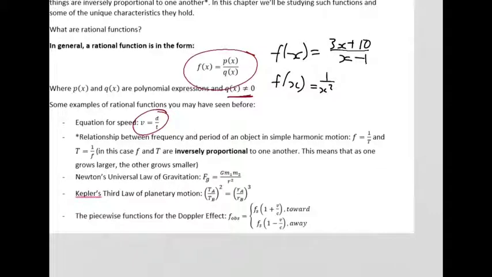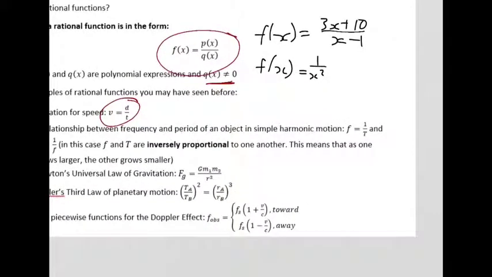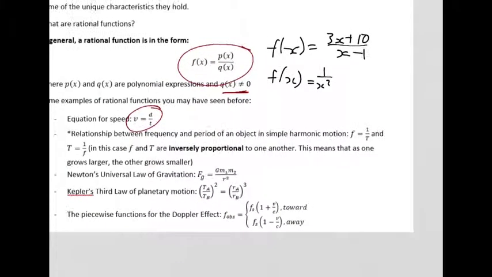There's the relationship between the frequency and period of an object in simple harmonic motion. So if you remember, like a point spinning on a tire, or a pendulum bobbing back and forth, or a mass on a spring bouncing up and down, or a wave, those are all simple harmonic motion examples. And the frequency of that motion and its relationship to the period can be shown using these formulas.